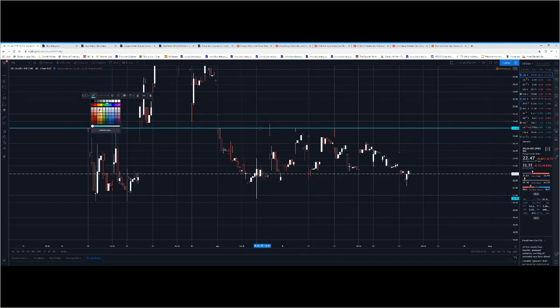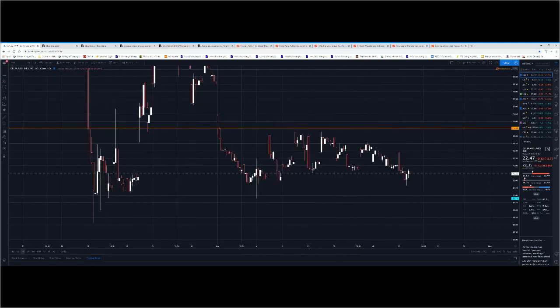Let me put that in orange. Resistance level is like the ceiling of the room. When the ball bounces up and touches the ceiling, it is inclined to come back down. It's not guaranteed that it will come back down, but it tends to come back down. So we have the support and resistance levels.